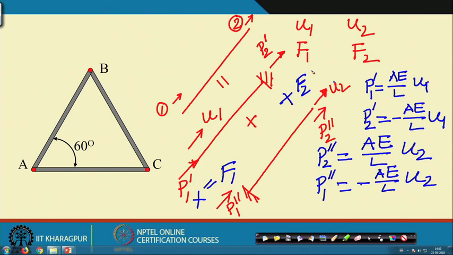So, if we write F1 is equal to P1 dash plus P1 double dash, and similarly F2 is equal to P2 dash plus P2 double dash.